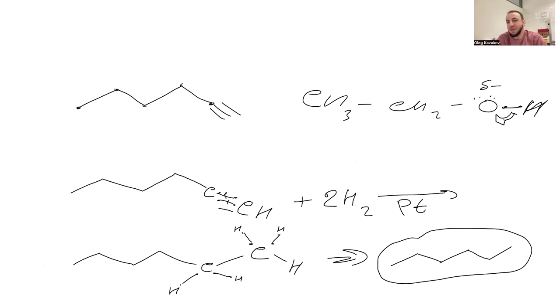Oxygen has 1, 2, 3, 4, 5, 6 electrons around it as a neutral atom, so this extra electron, number 7, is getting towards those outer shell electrons.